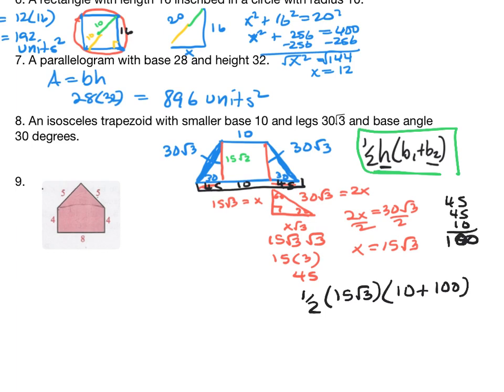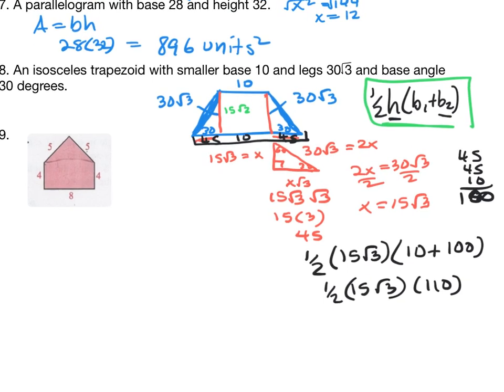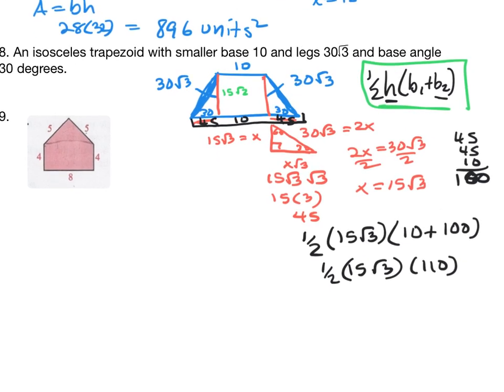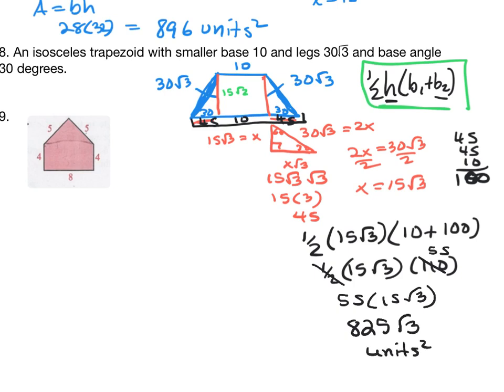So 1/2, 15 square root 3 times 100. So then now I'll multiply it. So I could take half of 100, it's 50. So 50 times 15 square root 3. And I get 750 square root 3 units squared.